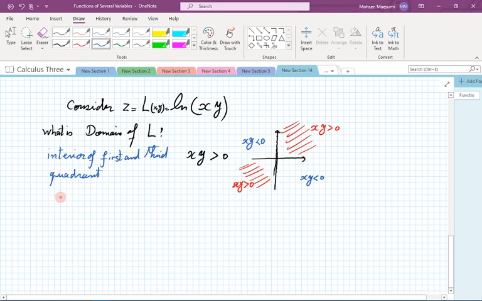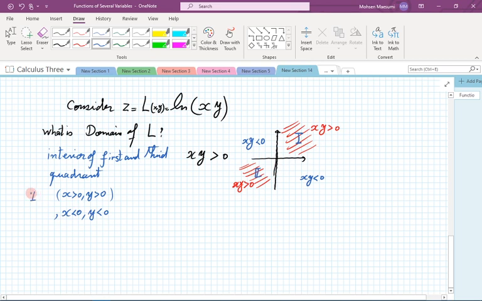How would you specify that? Either x is positive and y is positive both, or x is negative and also y is negative. So these are the two regions, region 1 and region 2.